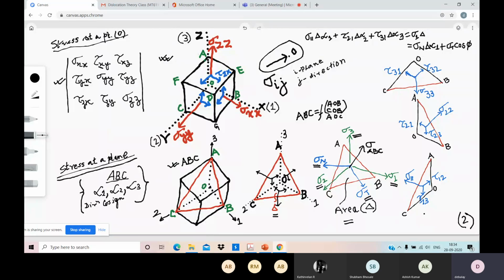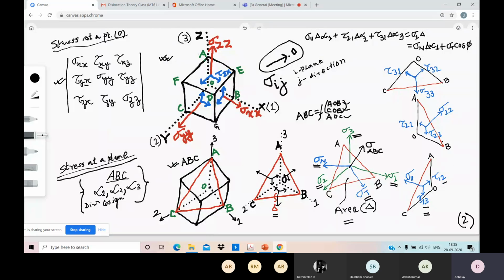Now here I am writing down on all these three planes, that is AOB, COB, and AOC, how the stress components are acting. On the AOC plane, which is plane number 1, because it is perpendicular to direction 1, normal stress is sigma 1 1, shear stress is tau 1 2 and tau 1 3.